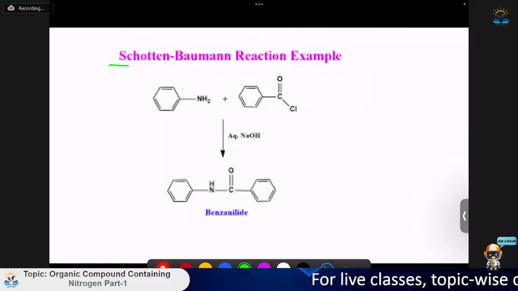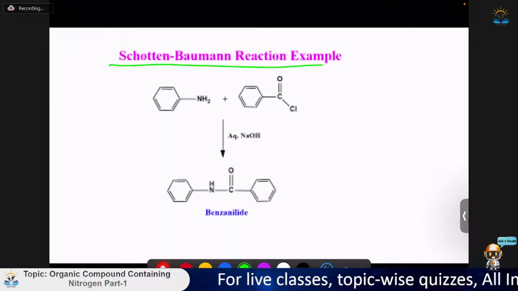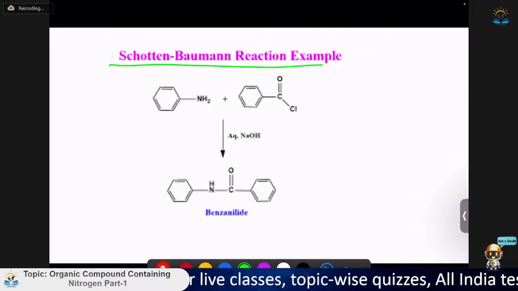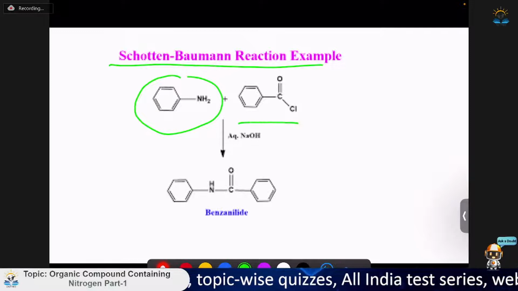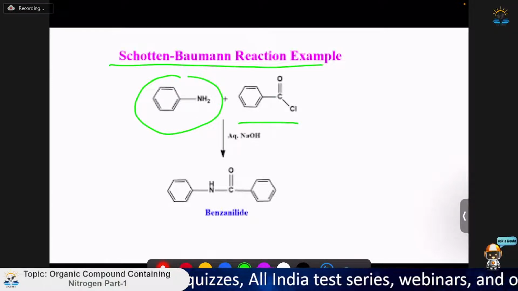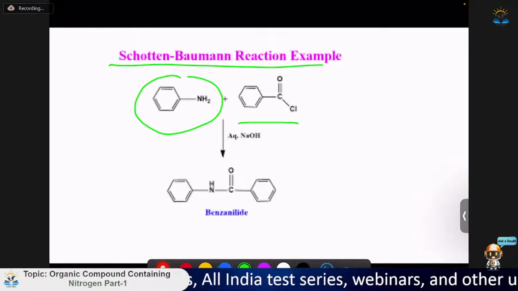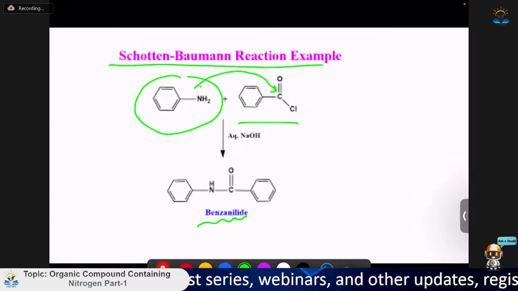Now we move on to the next, that is Schotten-Baumann reaction. So that was aliphatic. If we take an aromatic amine and do its acylation, then benzanilide is formed. The same reaction mechanism will happen.